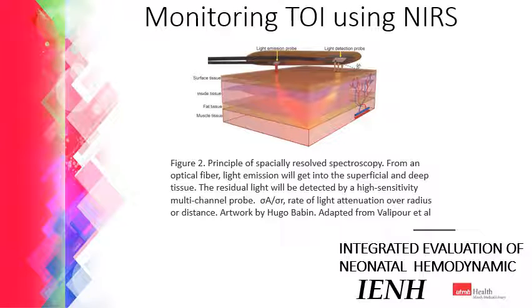Going back to monitoring the tissue oxygenation index using near-infrared spectrometry. NIRS is suggested to monitor tissue oxygenation that can reflect the balance between oxygen supply and demand of the organ monitored, such as the brain, the kidney, or the splanchnic bed.